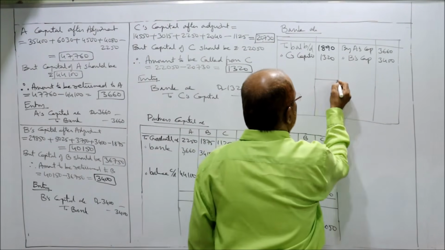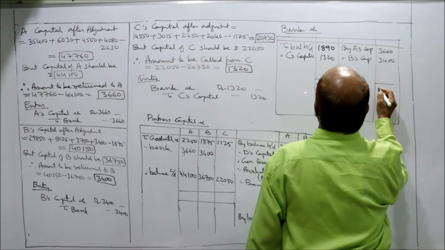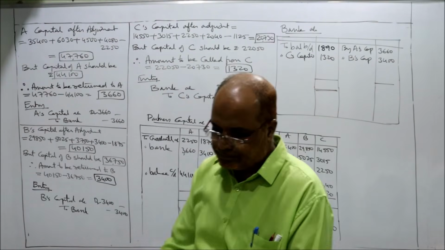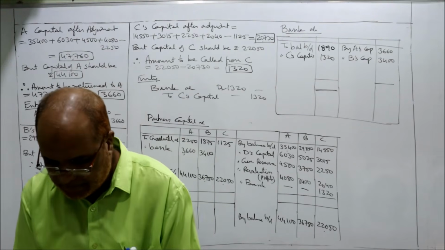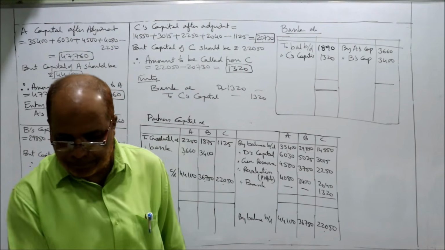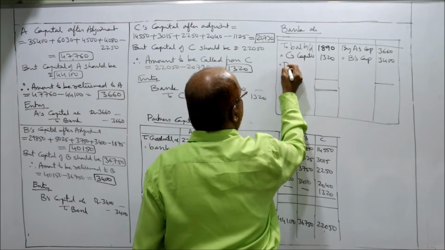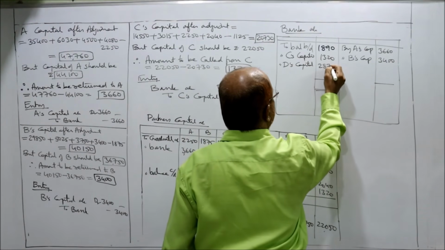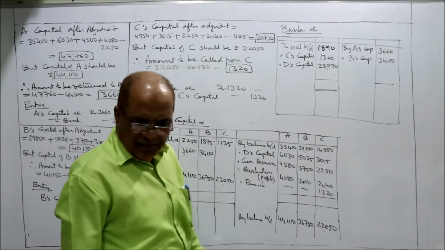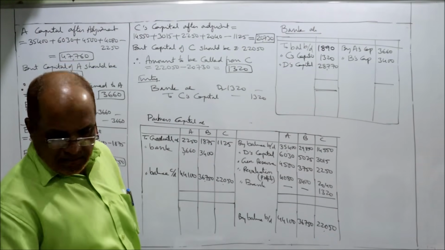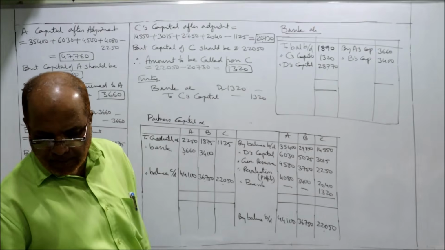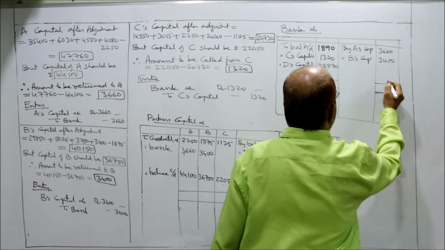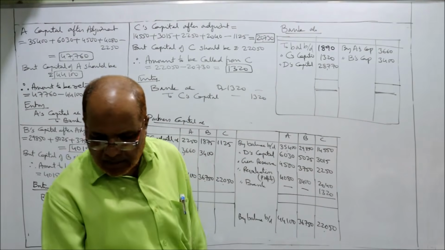Now we have to find out the bank balance. In the bank account, we have not taken D's capital in the first entry. First entry, D's capital account debit to bank, we have not taken. 28,770 first journal entry, 1,890, then 1,320. That's it. Now the debit side total you will get 31,980.